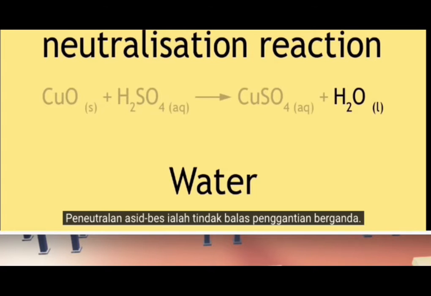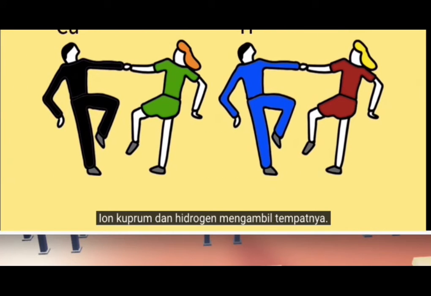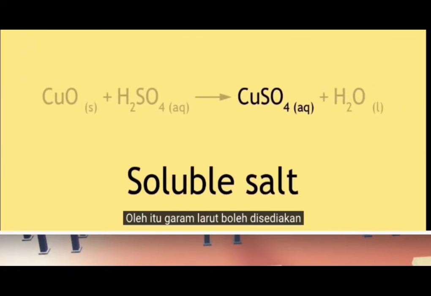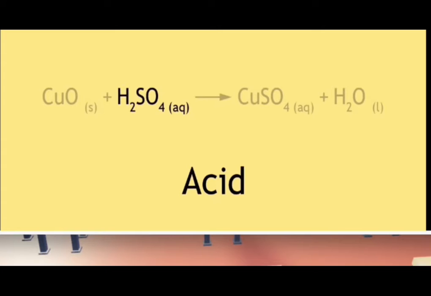An acid-base neutralization reaction is a type of double displacement reaction. The copper and hydrogen ions have switched, much like how certain dancing partners can switch. Therefore, a soluble salt can be made by reacting an insoluble base with an acid.